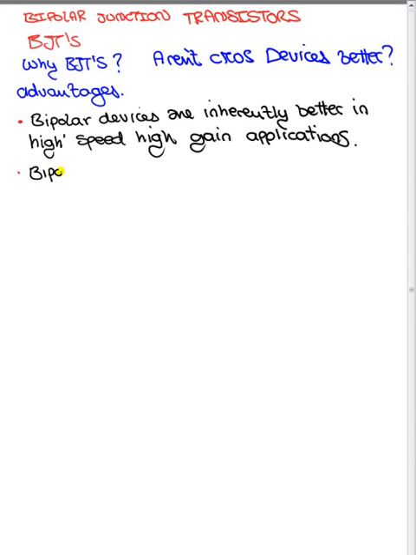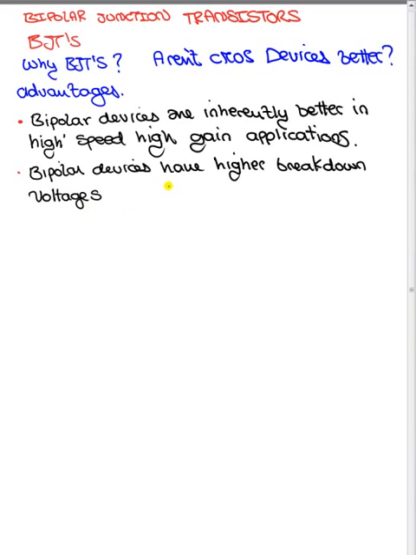So let's write that. Bipolar devices have higher breakdown voltages. One problem that sometimes we find when we're using MOSFETs is that for the insulator, for the gate capacitor, that MOS capacitor that we talked about in previous lectures, if you put a voltage that is too high, you can experience breakdown and then the MOSFET gets permanently damaged, right?